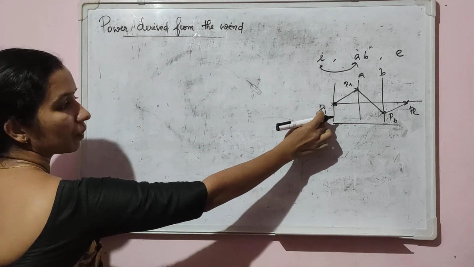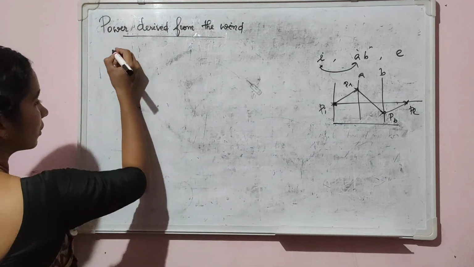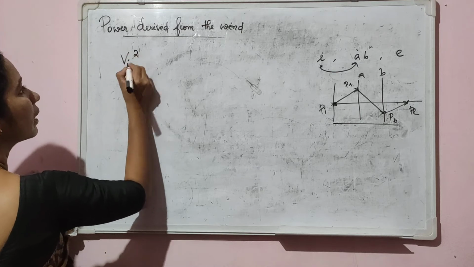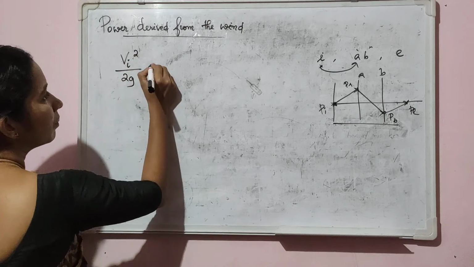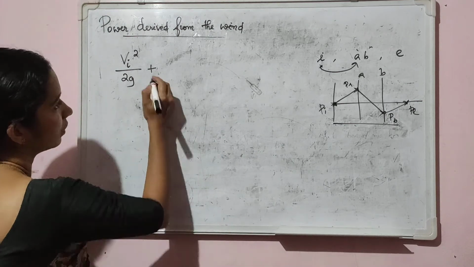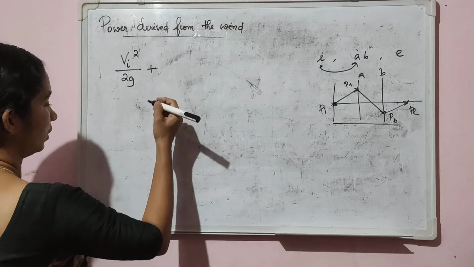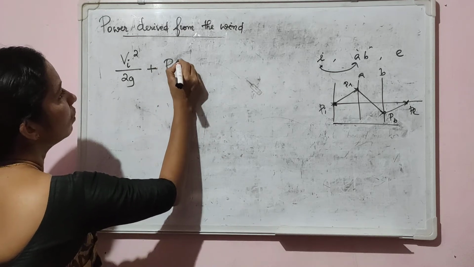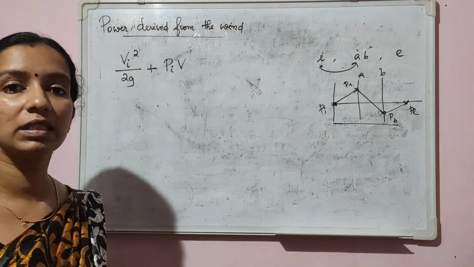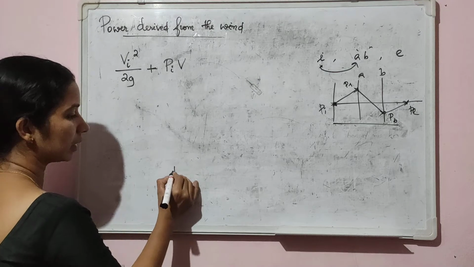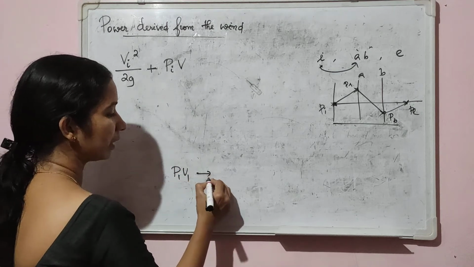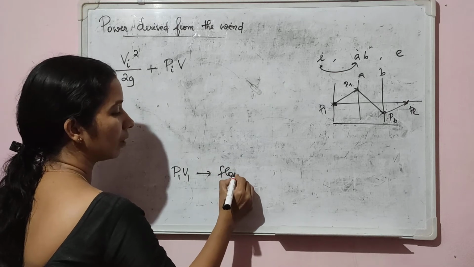Medium 1 is I. So the kinetic energy is Vi square divided by 2G plus flow energy. Flow energy is Pi into V. In the previous case, while I wrote the general energy equation, there was a term P1 V1. That P1 V1 term denotes the flow energy.